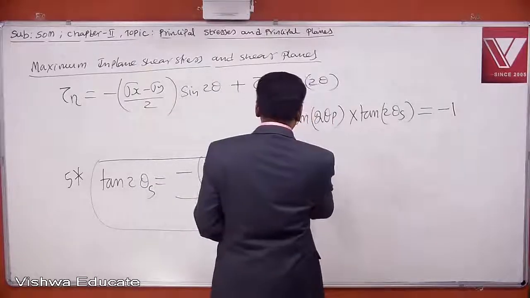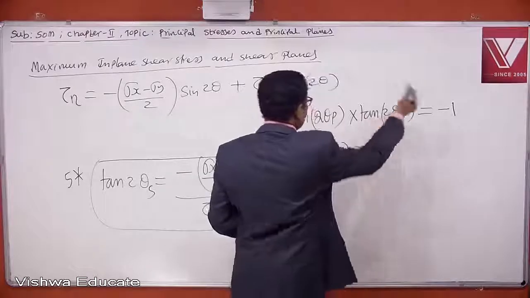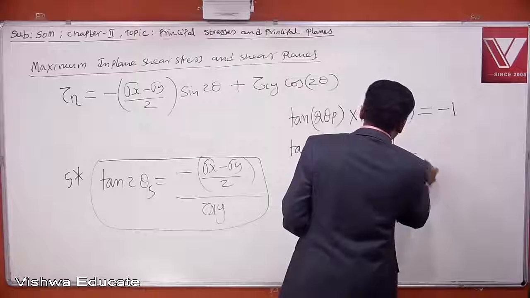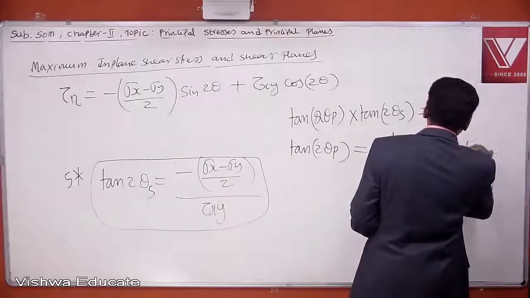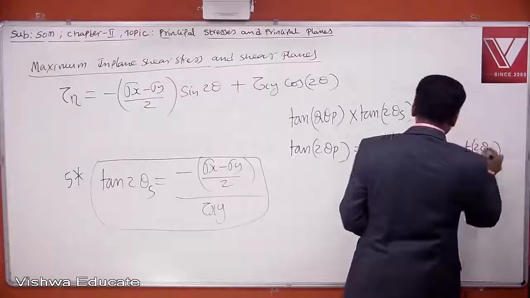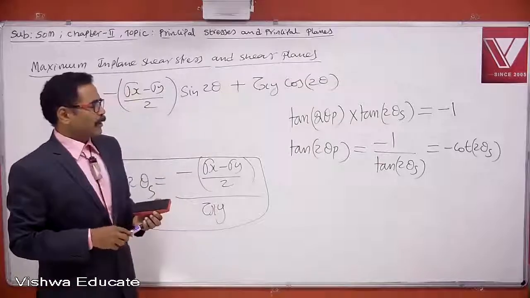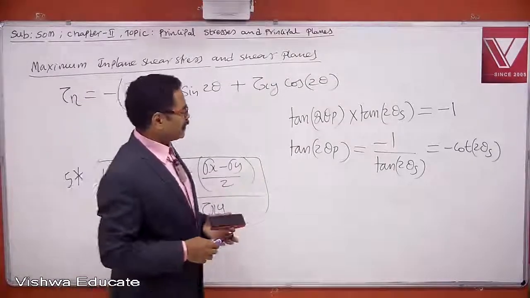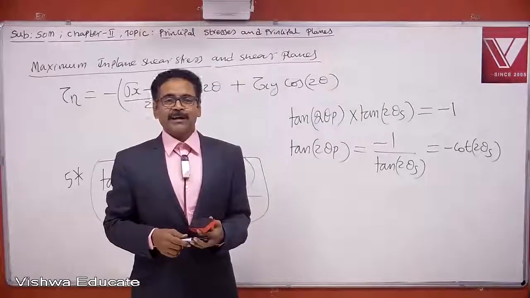Now, tan 2 theta p is equal to, I bring tan 2 theta s to the other side, so -1 by tan 2 theta s, right? -1 by tan 2 theta s means minus cot 2 theta s. So tan 2 theta p is always equal to minus cot 2 theta s.